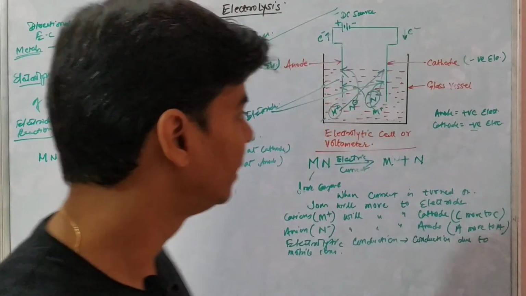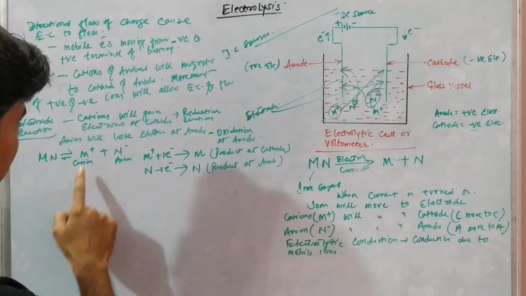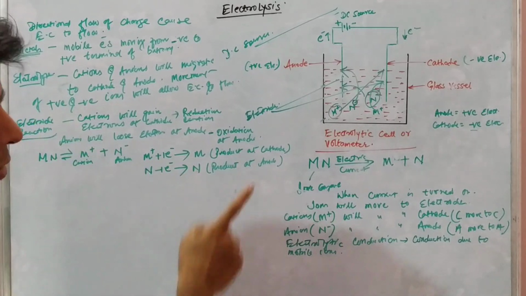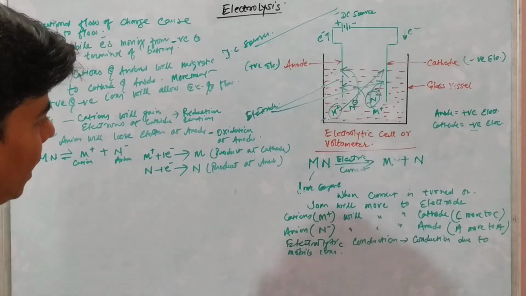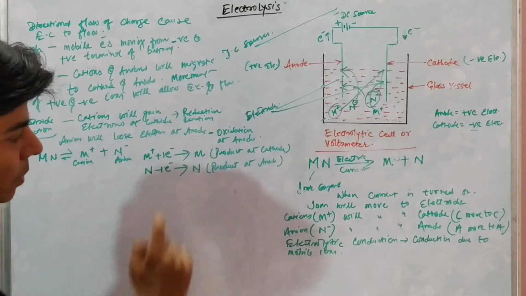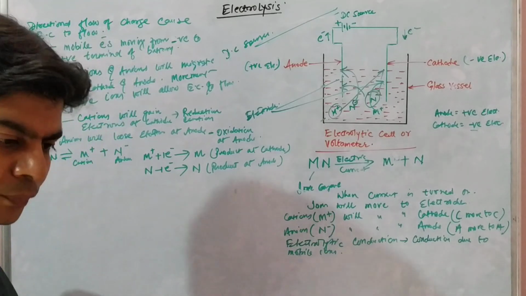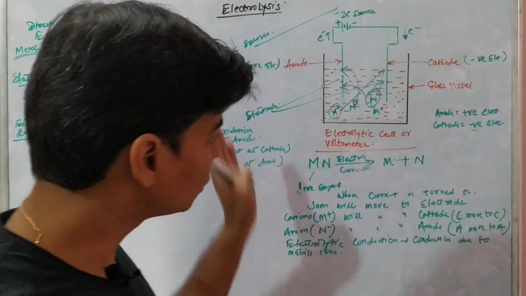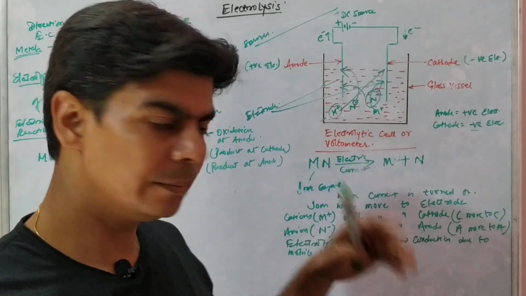It is when electric current is turned on that these ions, M plus and N minus, started moving towards their respective electrodes, that is towards cathode and anode, and these reactions occurred and these products are formed, after electric current is turned on. So this is how electric current will cause this chemical reaction to occur.